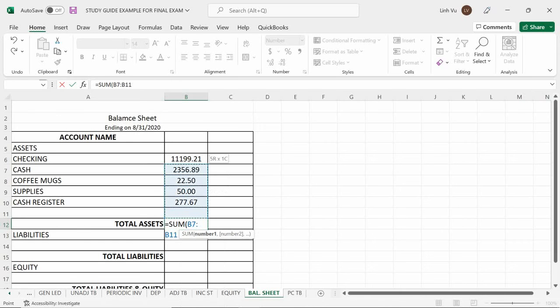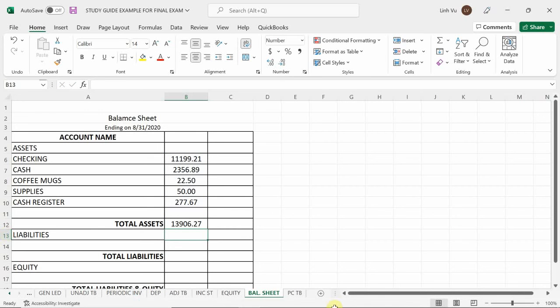Okay, so my total assets are going to give me $13,906.71. I got 27 cents in my end.